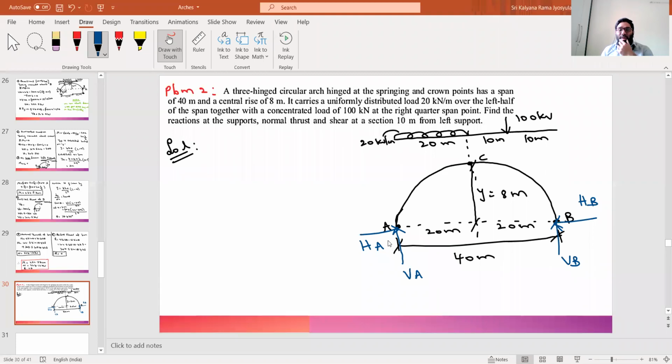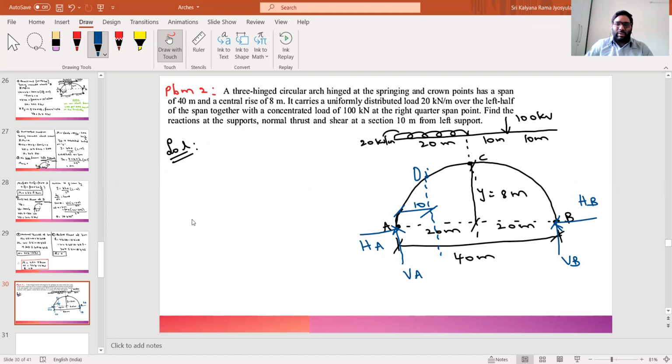Now, what do we need to calculate? At 10 meters from the left support. So this is equal to 10 meters, and let the name of this point be capital D.